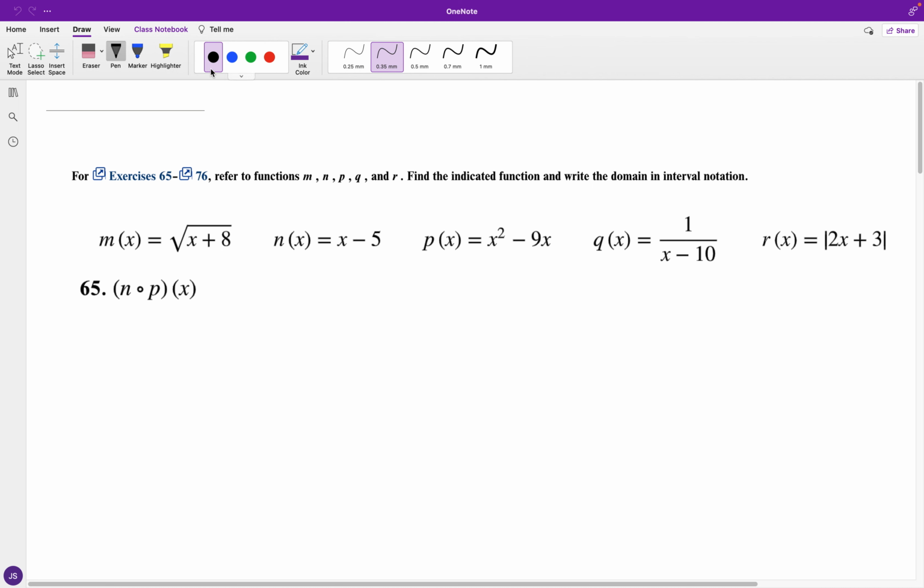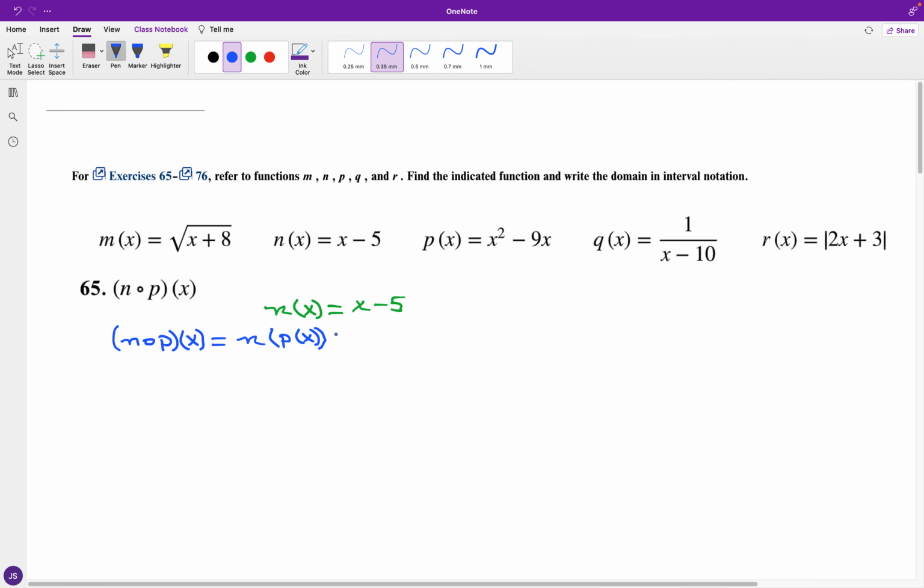Now for number 65, I'm looking at the composition where I have n composed with p of x, and trying to find out what the domain is. So I have n of p of x. The output is going to be in line with n, where n of the input is equal to the input minus 5.